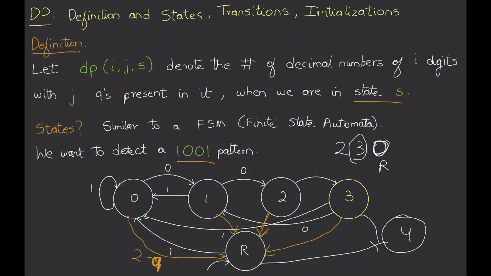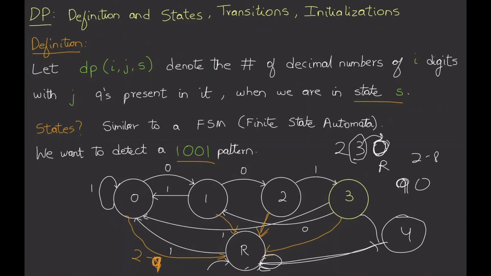Hence, there is a transition from the previous state to state R even on seeing 0. And when can this happen? This can happen after seeing a 9. After seeing a 9, if I get a 0, then I will go back to state R. And after seeing any other number between 2 to 8 also, so from state R to state R, I will have this transition.